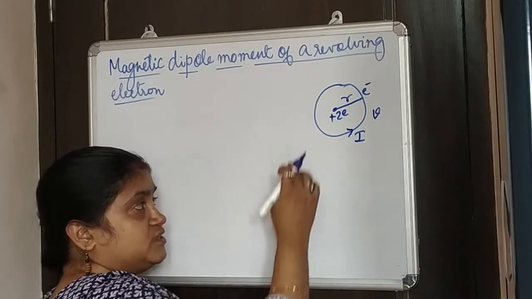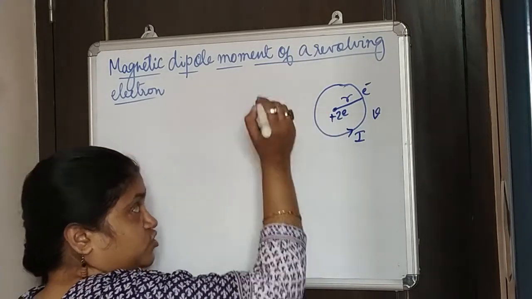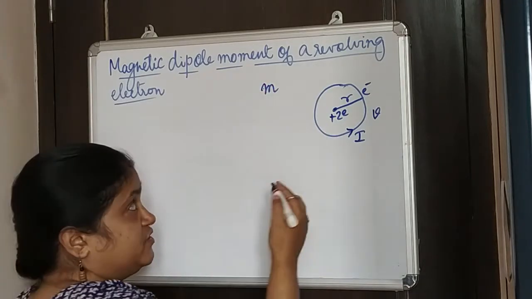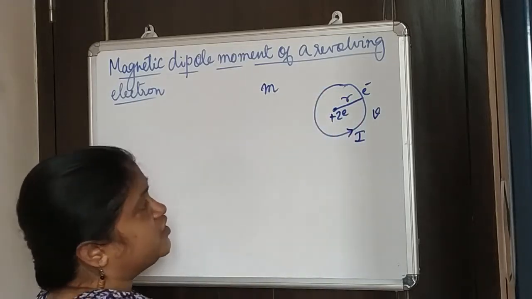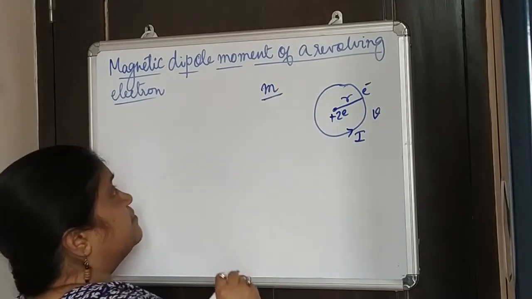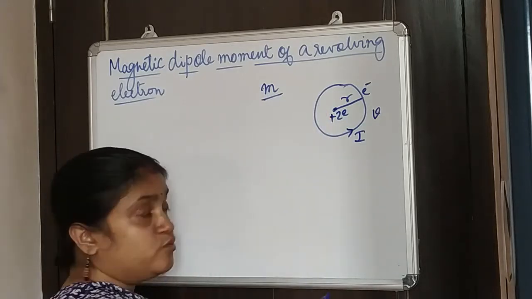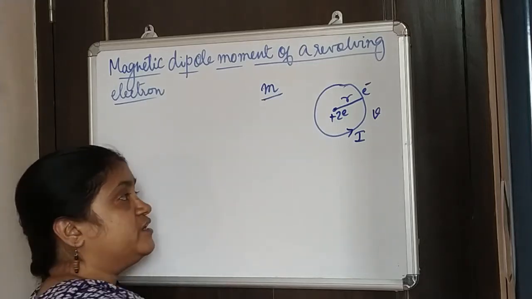And as we know, a current carrying loop should have a magnetic moment m, right? Therefore the electrons that are revolving around should also have a magnetic moment, or magnetic dipole moment m. So let's go ahead with it.